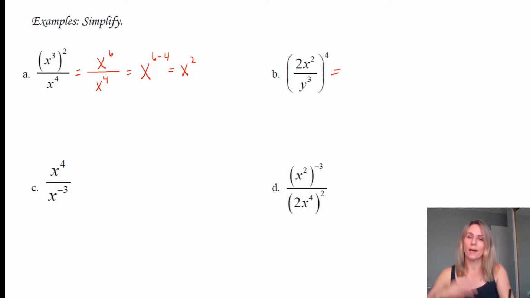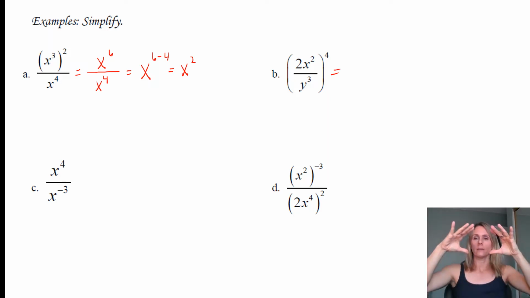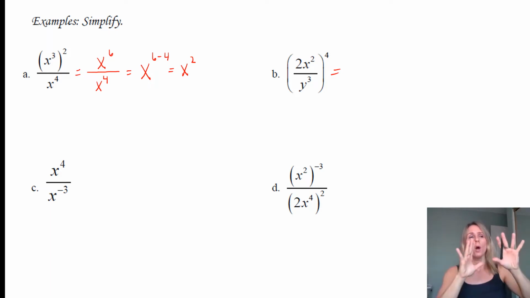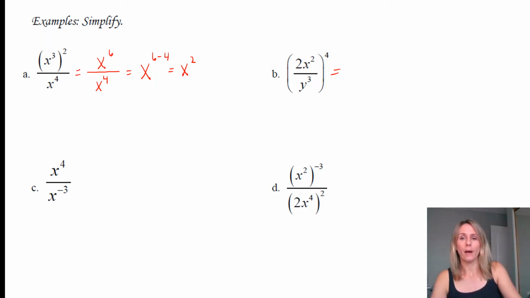Okay, so now we have division here, but everything is inside the parentheses, raised to the 4th power. What you want to see is you actually have 3 pieces here. You have the 2, you have the x squared, and you have the y cubed. So every piece needs to get that exponent of 4. Now 2 is just to the power of 1, but it is still the same rule we used in the last problem.